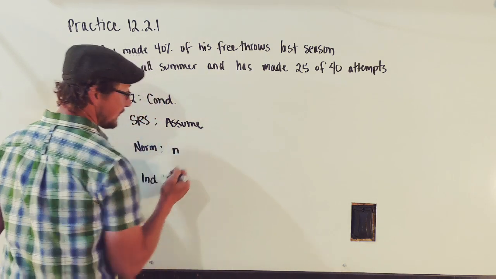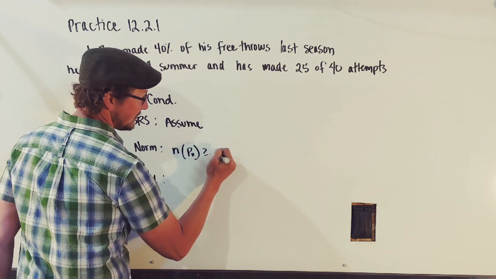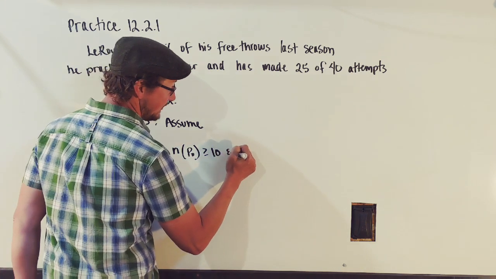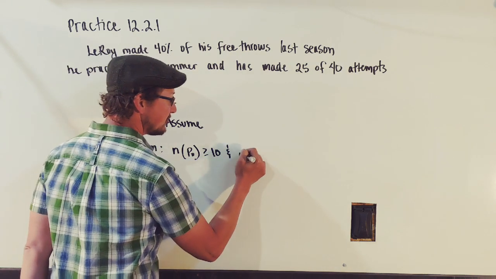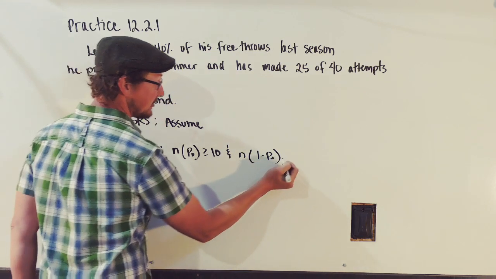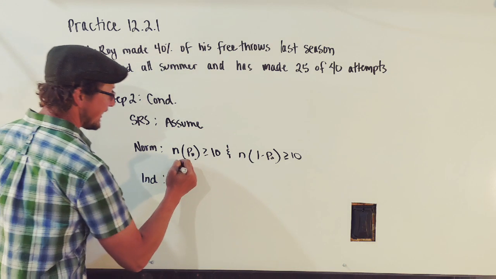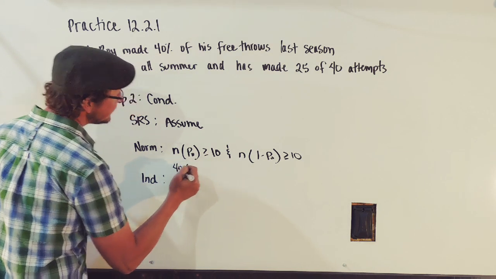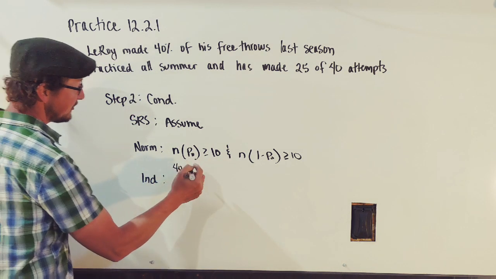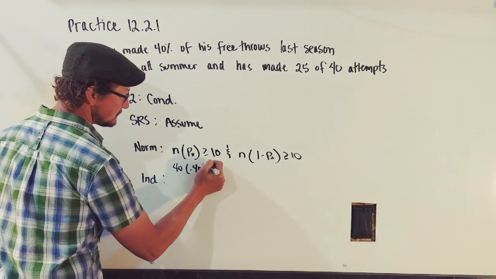So is the sample size times my null hypothesis greater than 10? And at the same time, is my sample size times the complement of my null hypothesis also greater than 10? Let's go ahead and check that. 40 times my null hypothesis of 40%?